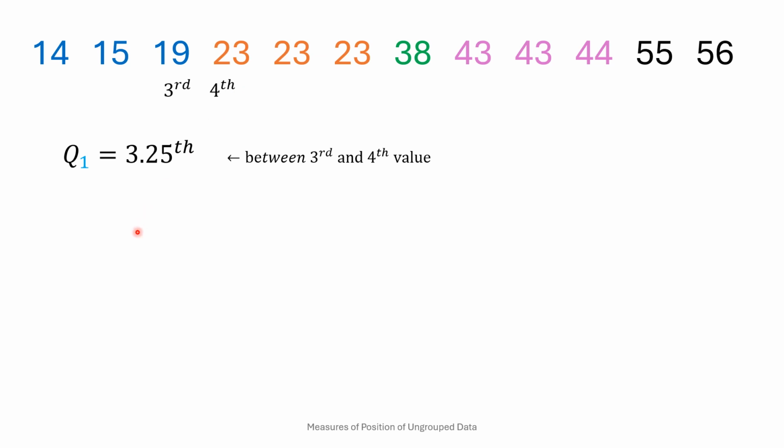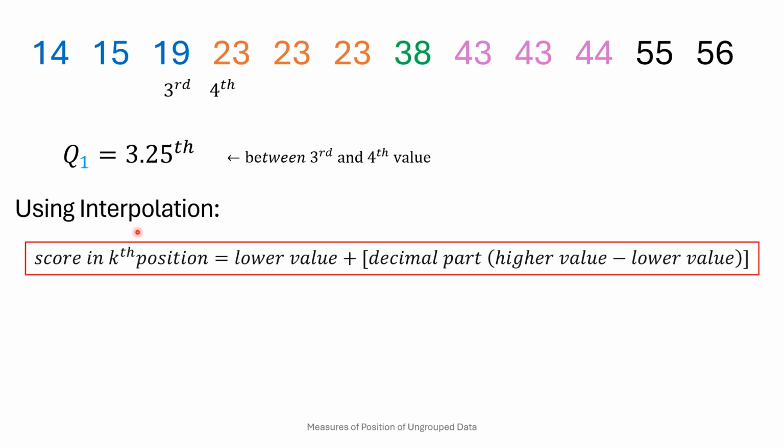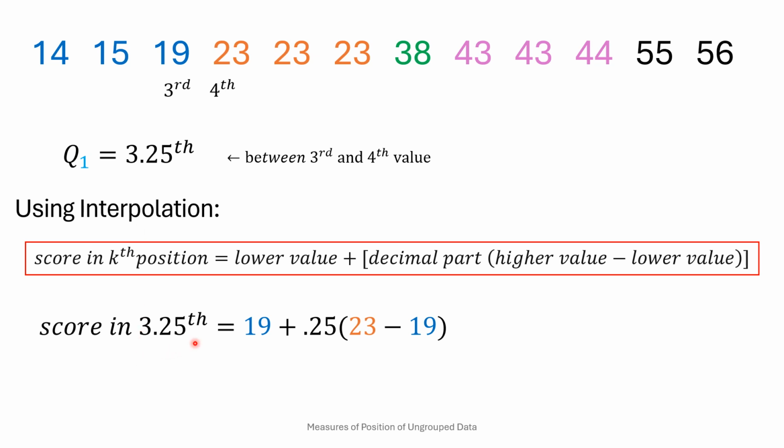Applying the interpolation, we have the score in the 3.25th position is 19, which is the lower value, plus the decimal part of the position, 0.25, times 23, which is the higher value, minus the lower value 19. Therefore, quartile 1 is 20.